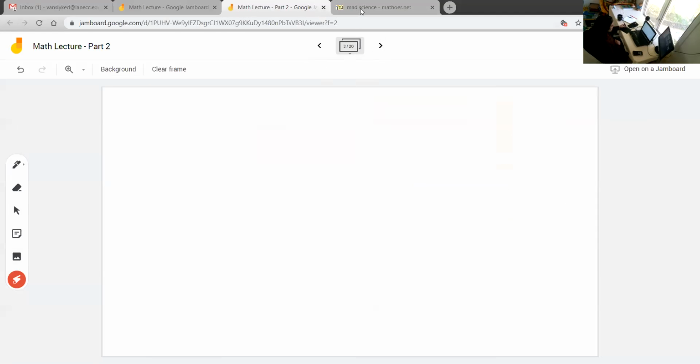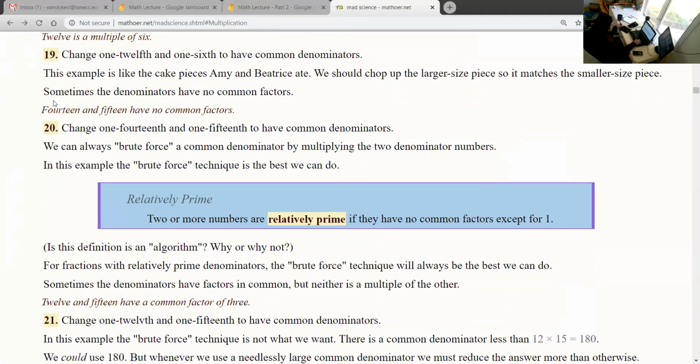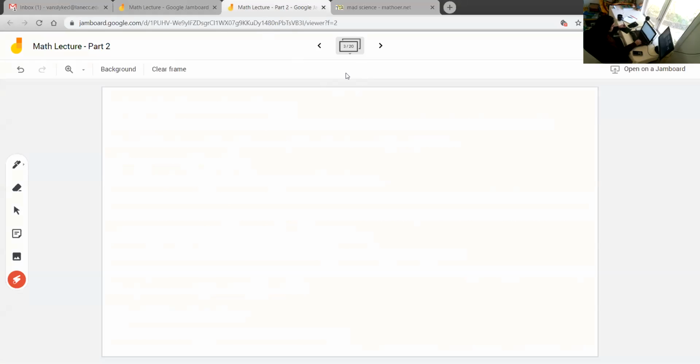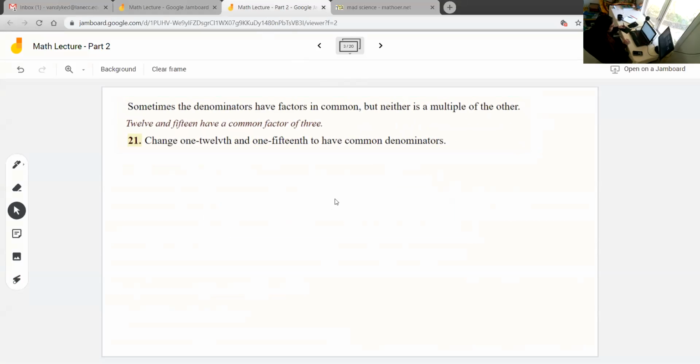Third situation, the other way it could be, is that 1/12 and 1/15, they have something in common. They have a 3 in common.